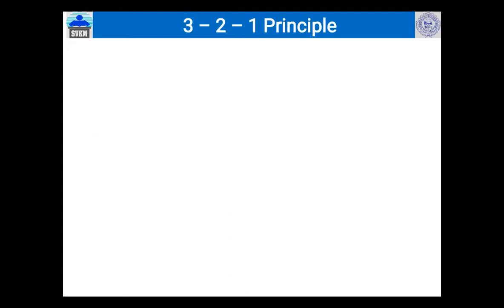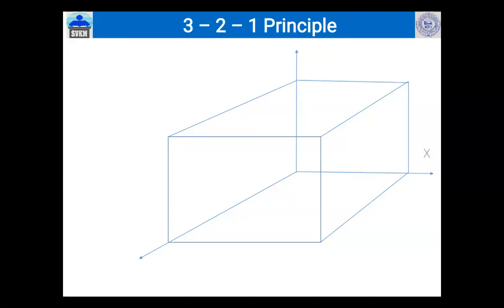Now 3 to 1 principle, body is kept along these three axes x, y, z. Now in how many directions can it move or rotate? Just check. X forward, x backward, x clockwise, x anti-clockwise.